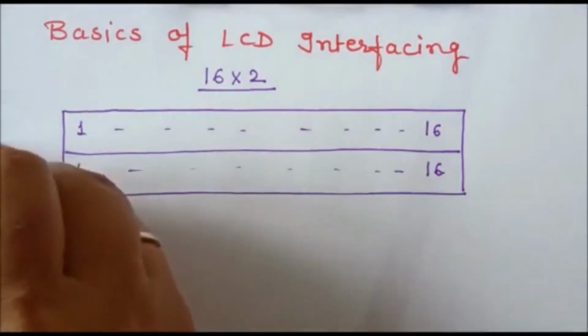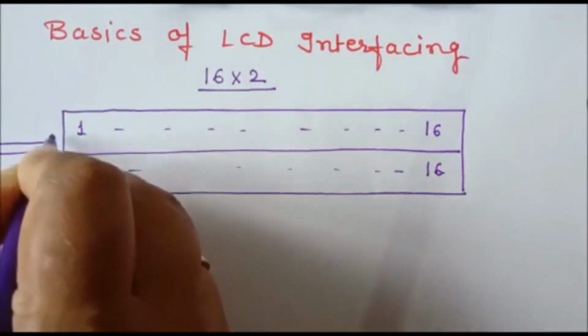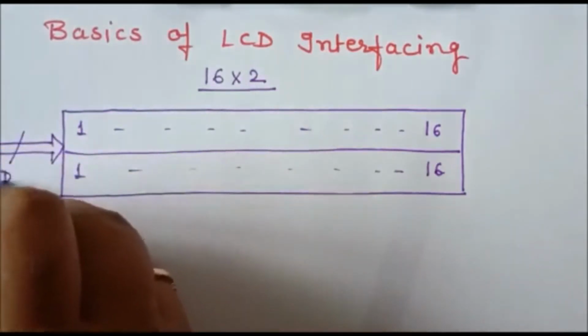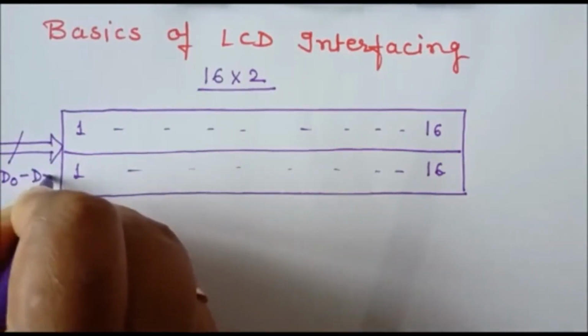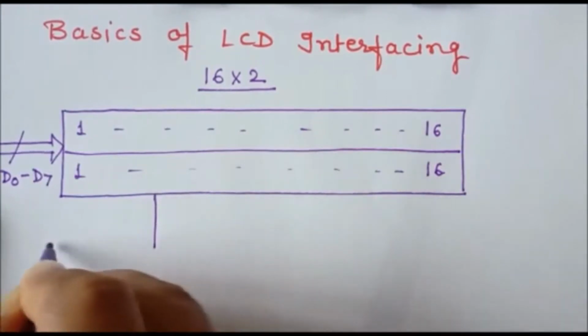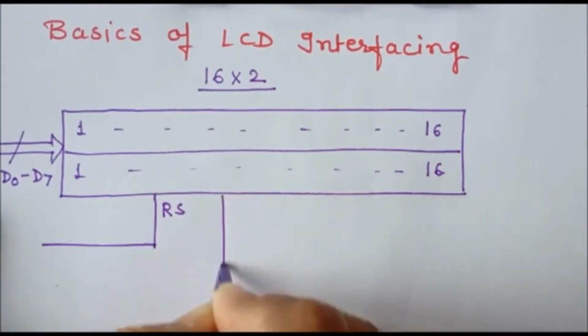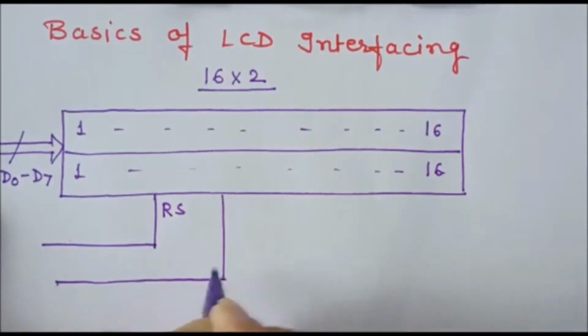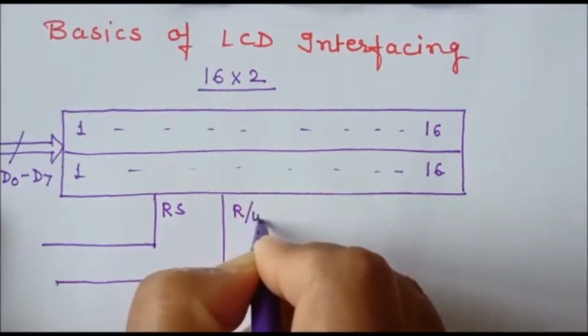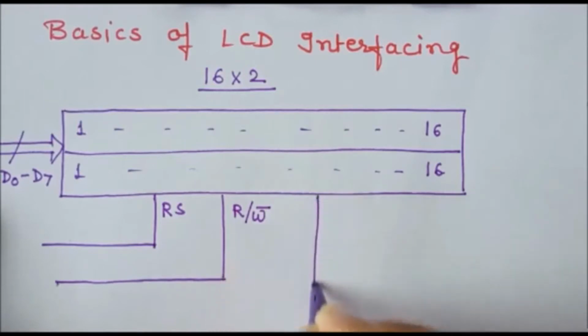Now LCD display will have an 8-bit data bus. We call it D0 to D7. Then it will have a control signal RS. Second control signal is R/W bar, and third signal is enable signal.